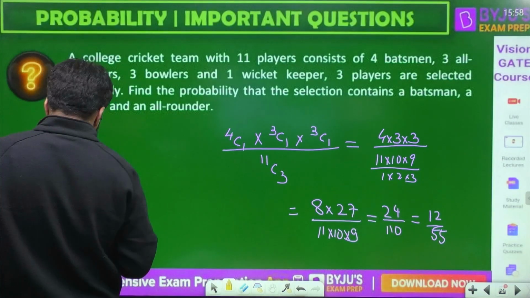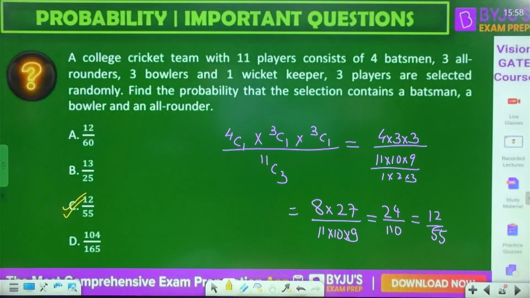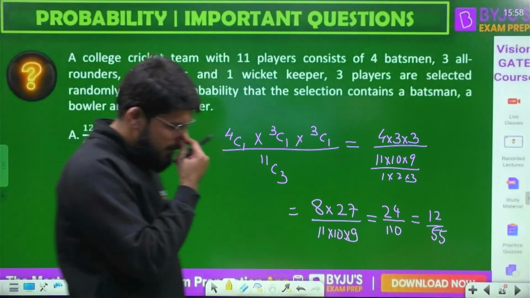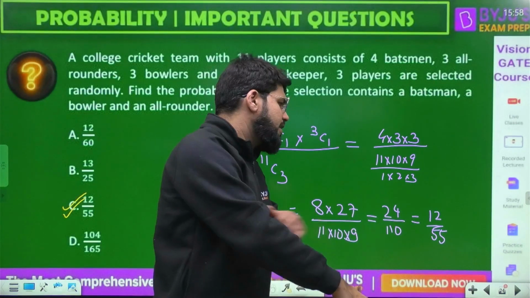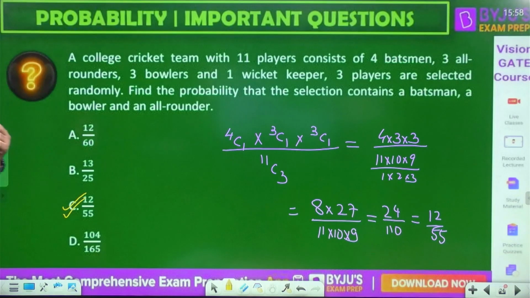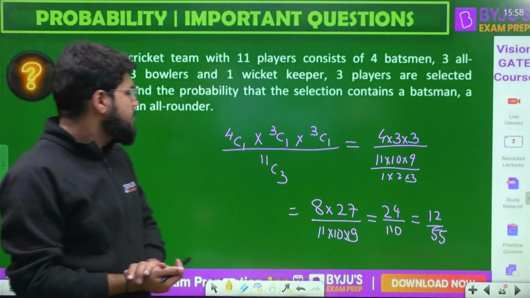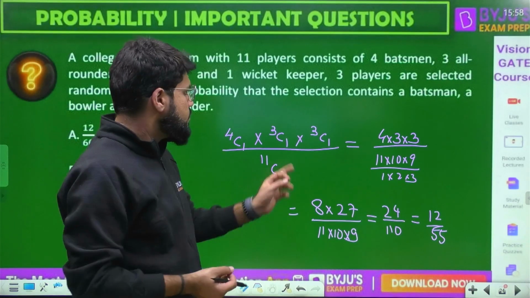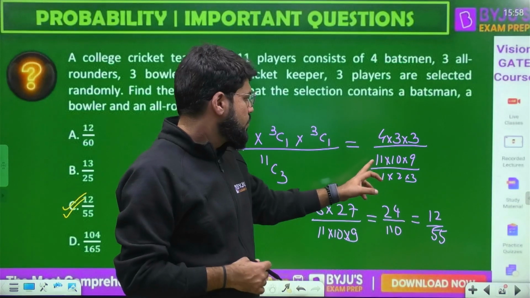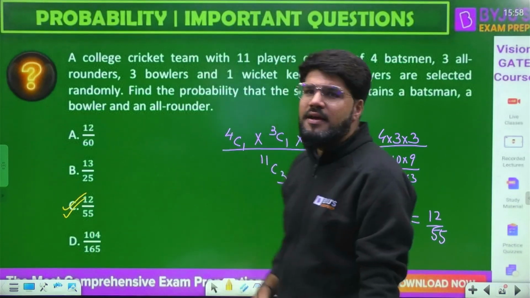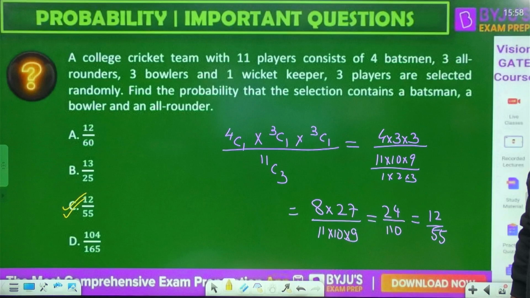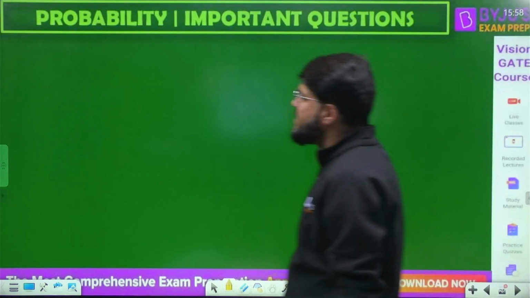Answer is C, 12 divided by 55. Done? Simple one. Just telling the calculation, but yeah, that is going good. 12 by 55. Next question.